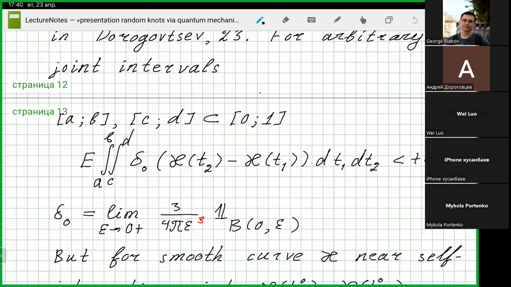We just need to define the expectation in this formula. The expectation is just the value of this density at the point. That's all. So it is easy now to check that, due to these intervals being distinct, and the properties of our functions f and gamma 0, this integral is finite.